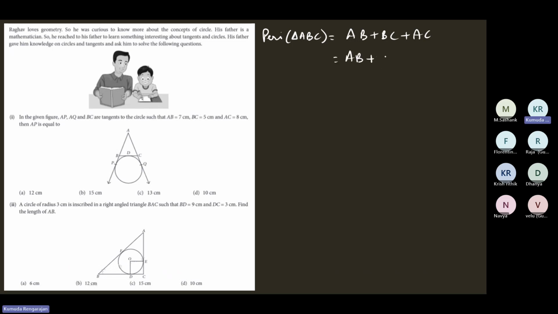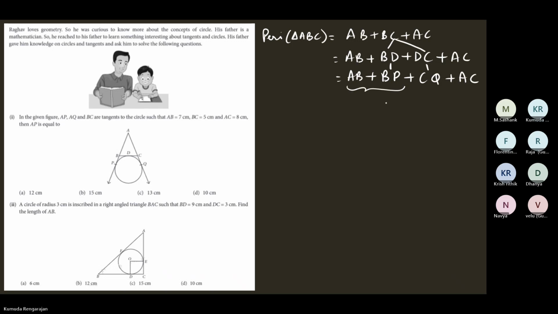So BC can be written as BD plus DC plus AC. Now BD can be further written as BP and DC as CQ. So we split BC, then we write BD as BP and DC as CQ.